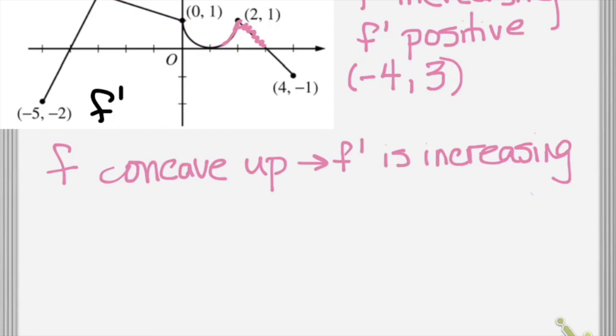So I'm going to look now, where does f prime have a positive slope? It has a positive slope all through here. It's increasing. And here. And that's it. So f is going to be concave up from -5 to -3 and from 1 to 2.